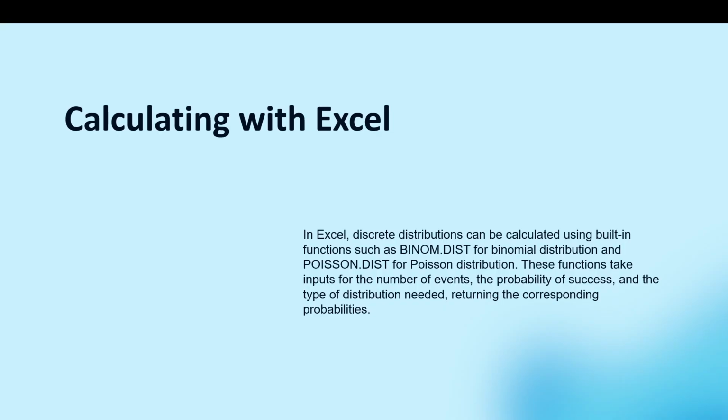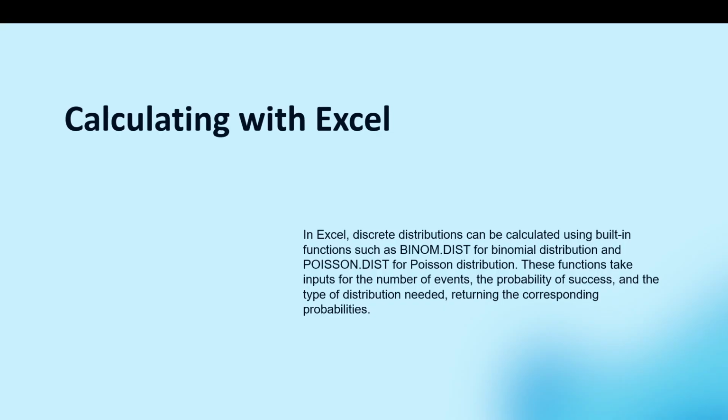Cumulative in Excel is either true or false. Our cumulative is basically our CDF. For example, we have equal sign BINOM.DIST 5, 10, 0.5, false. This will calculate the probability of exactly 5 successes in 10 trials with a 50% success rate.